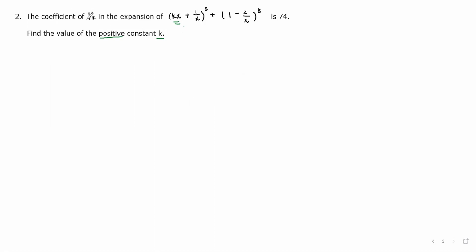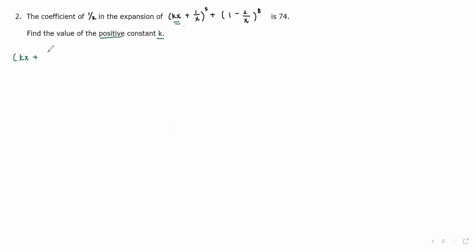The coefficient of 1 over x for the first binomial plus the coefficient of 1 over x for the second binomial add to 74. So we shall consider these two terms separately to look at the coefficient of 1 over x. So we consider the first binomial.